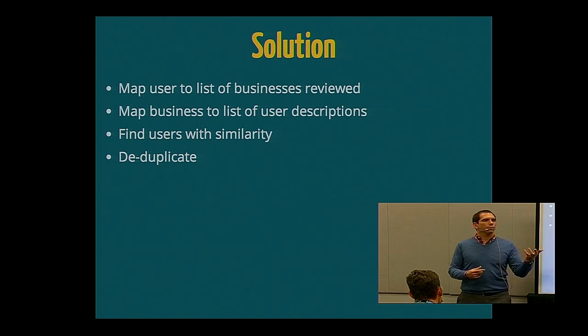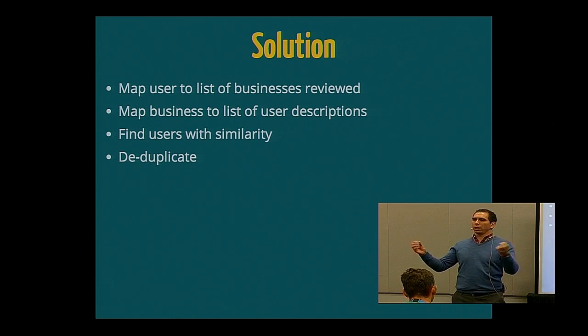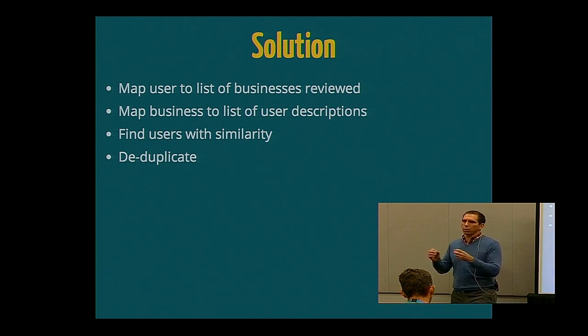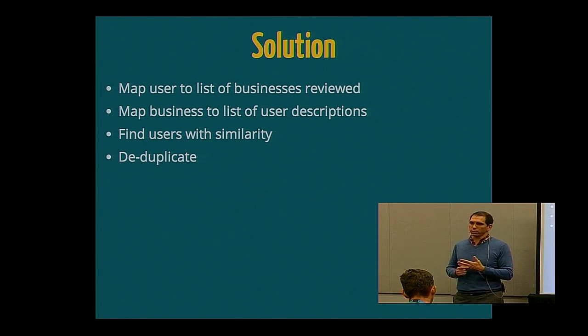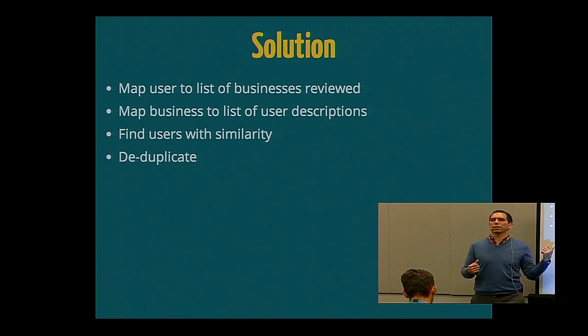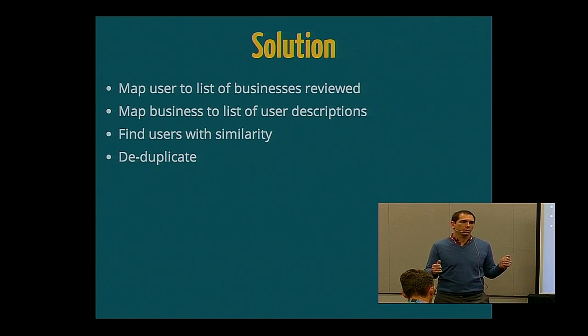But the trade-off we're making is that if we have a Hadoop cluster, those computations are happening in parallel, and the hope is that overall, although we're doing more computation, our latency will be lower because we're spreading out the work over multiple machines. And given our user base, we don't think there are going to be that many users that have a gigantic overlap of exactly the same businesses.